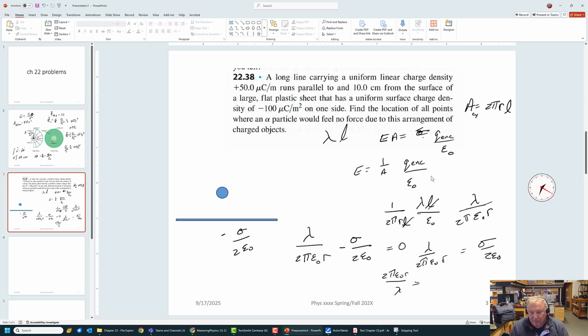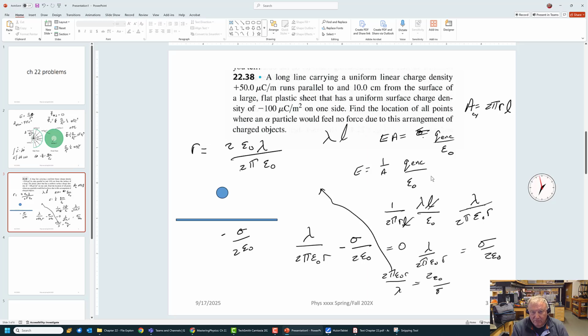Then ultimately r equals 2 epsilon 0 times lambda over 2 pi epsilon 0 sigma.